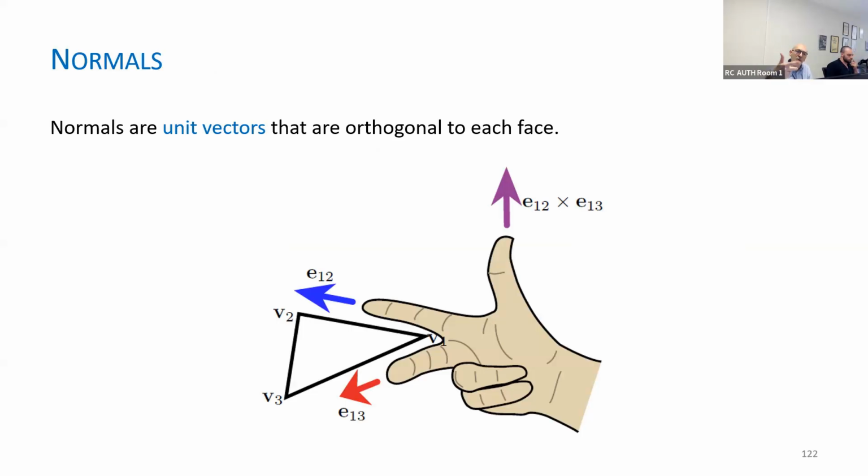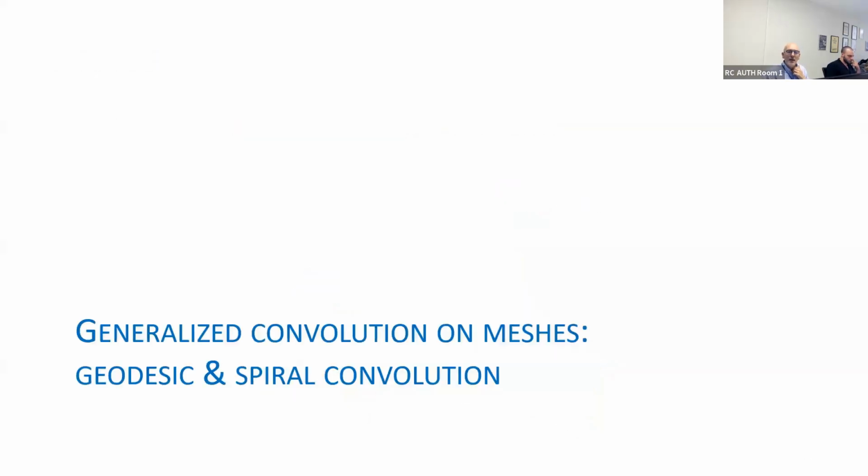You put your fingers along the two sides of the triangle, and the direction of the thumb is basically the vector product between those two vectors. And you know, the vector product is another vector which is oriented normal to the plane defined by the two original vectors that you cross multiply. So this is just a few concepts about meshes that can be used.